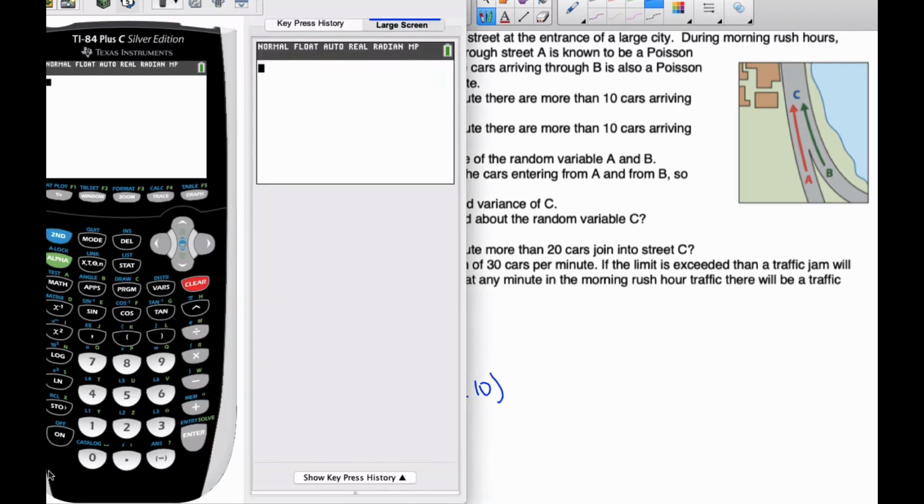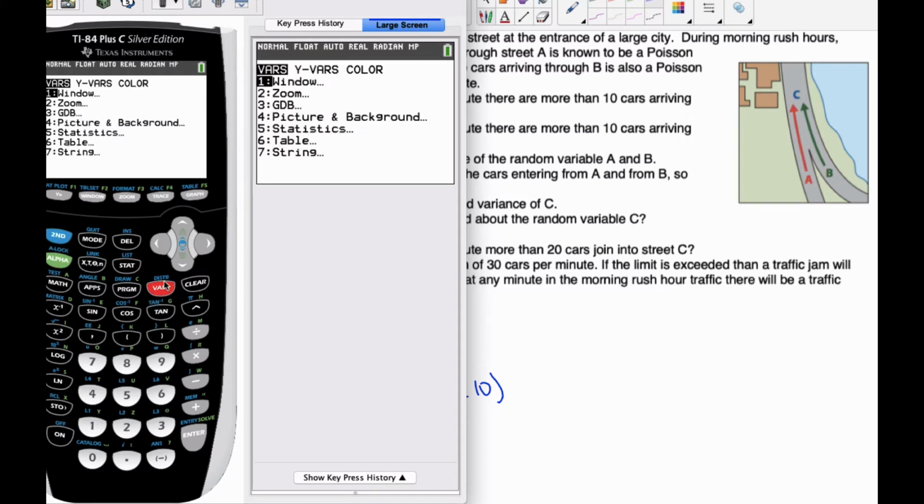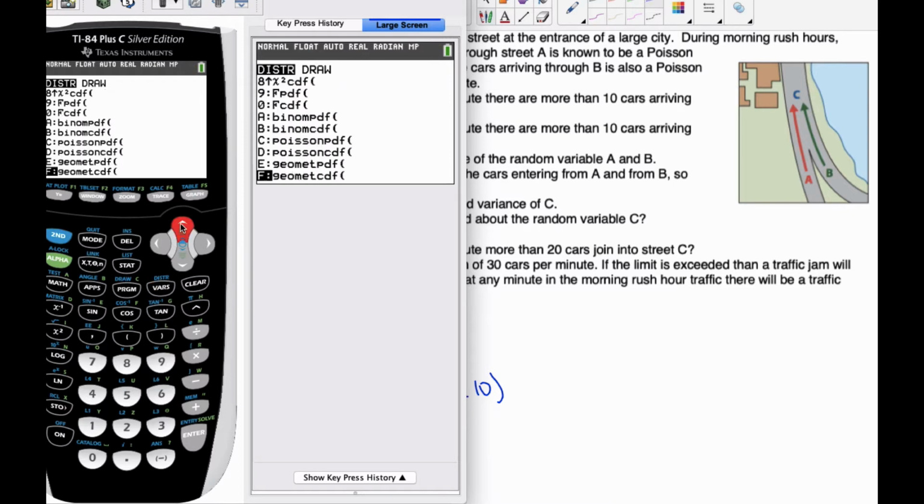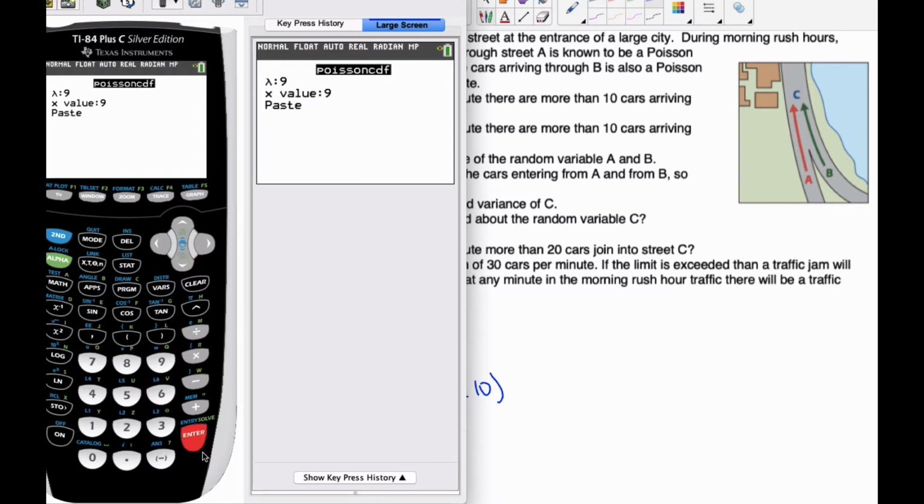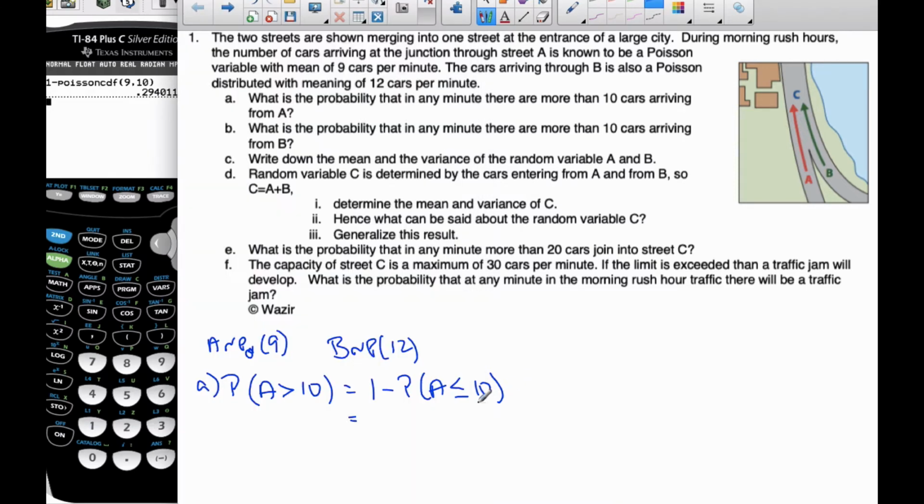Throwing this into my calculator, I go 1 minus, variables, distributions, Poisson CDF, number D here on my calculator. I go with mean 9, up to 10, and find that value, and I end up with 29.4%. This is equal to 0.294. So the probability there's more than 10 cars going in from intersection A is 29%.